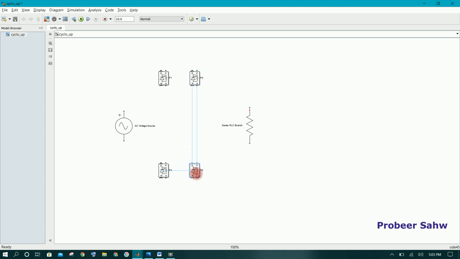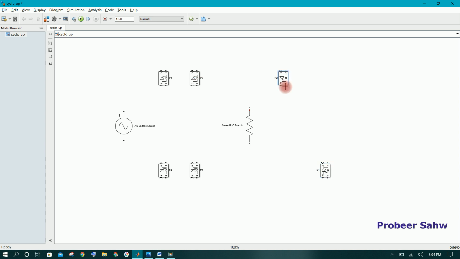Similarly, we can have N1. Let us rename this to N1, and N group thyristors face downwards. So align these thyristors by pressing Ctrl R. So this is N1. We can again drag this.